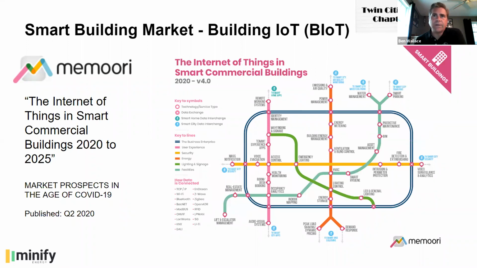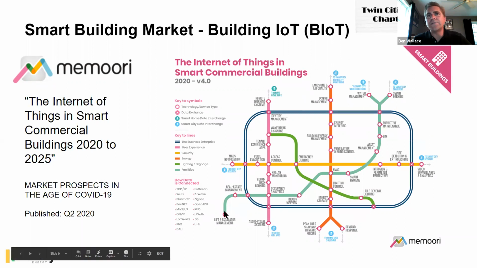They also have this subway metaphor presentation of the building Internet of Things, where the different lines are business, enterprise, user experience, security, energy, lighting, facilities, communications and so forth.